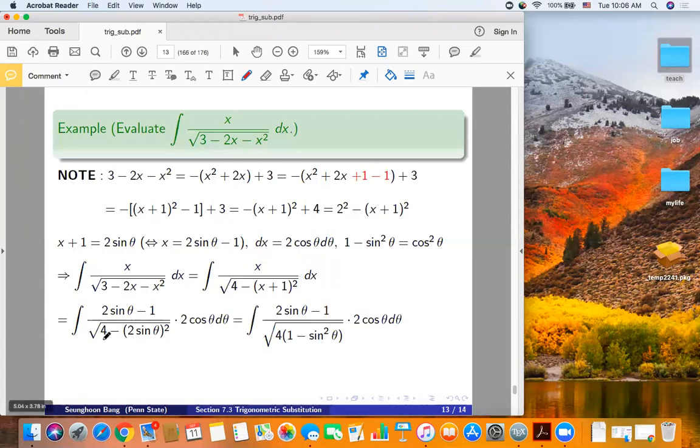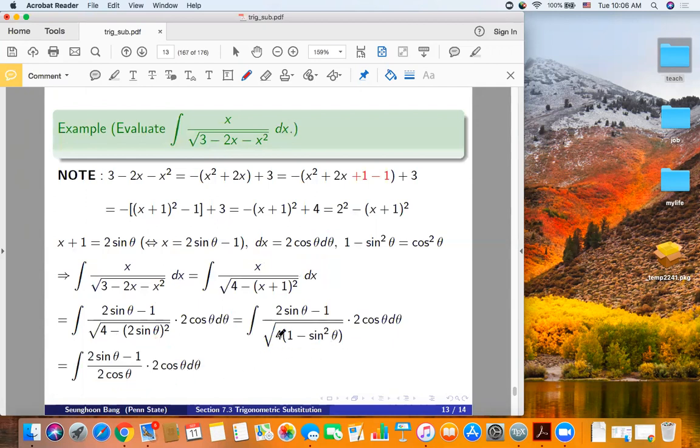Next, simplify. The inside is exactly 4 minus 4 sine squared theta. Factor out 4 from 1 minus sine squared theta. Then the square root of 4 times cosine squared theta is 2 times cosine theta, which is the denominator. So we have it.